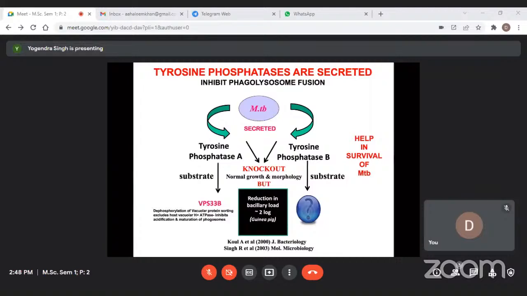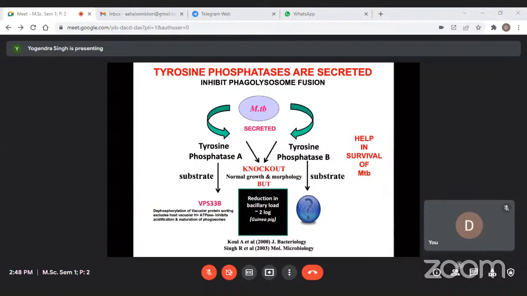So that showed that these phosphatases were not meant for bacterial survival or something like that, but rather it was meant so that it can modify our protein so that it can survive. So when Mycobacteria, the bacteria which causes tuberculosis, is phagocytosed, they will secrete this tyrosine phosphatase.